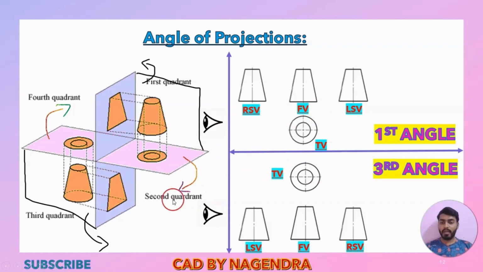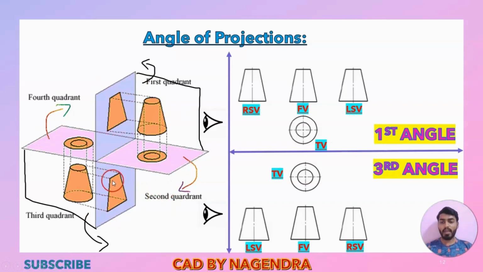Then next, if I go here with the second quadrant, assume we are having one object here, similar to this, and we are looking from here. The same shape front view you will get here. And if you look from bottom or from top, you will get the same two circles. But always this tilting plane should be only in the clockwise direction.